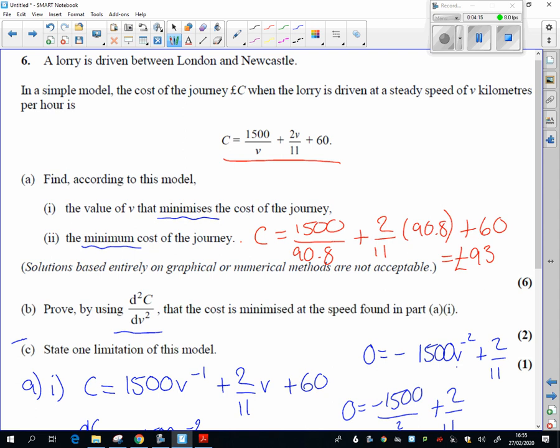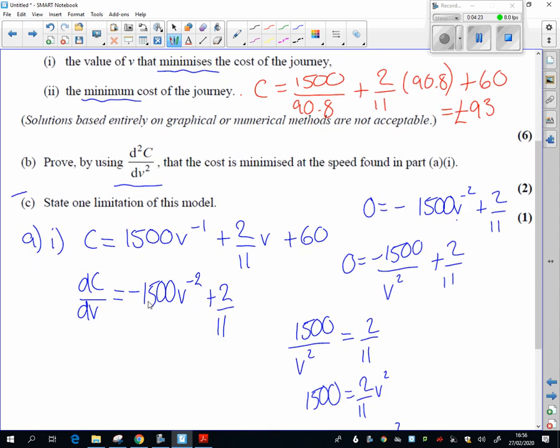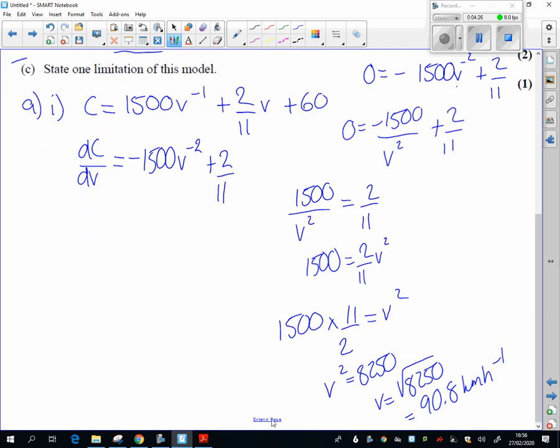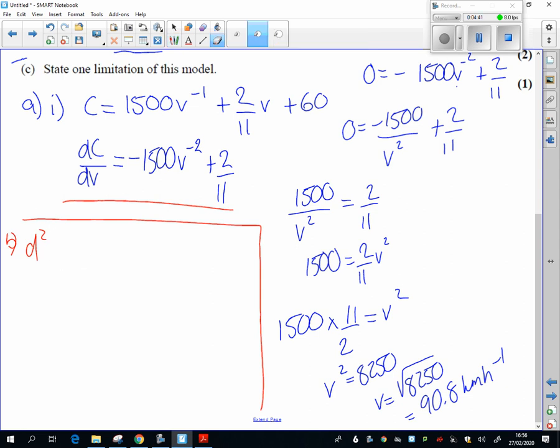Okay, so then it does ask me to prove that that's a minimum, and quite a nice question, because they remind me that to do that I need the second differential. So let's do that here. I've got the first differential there. So for part B, the second differential, let's just differentiate this again.